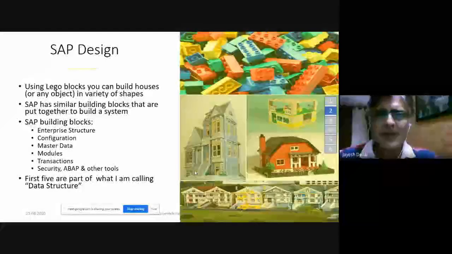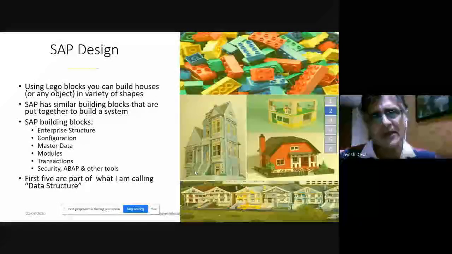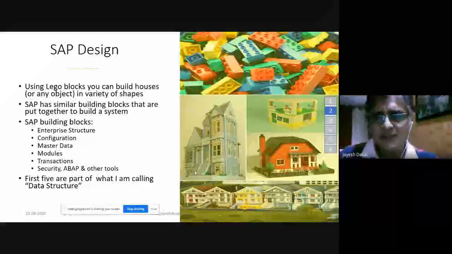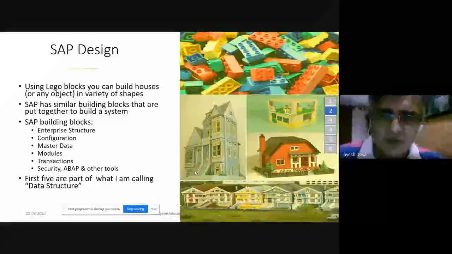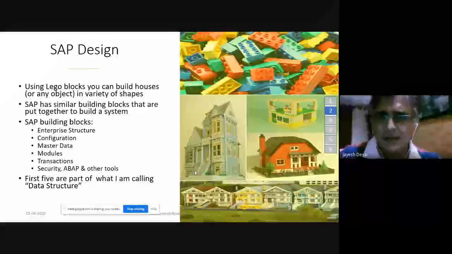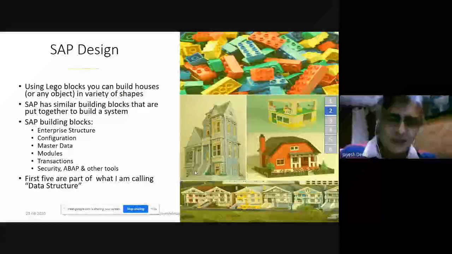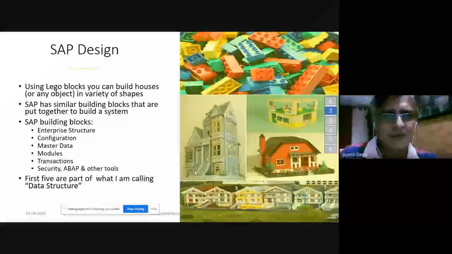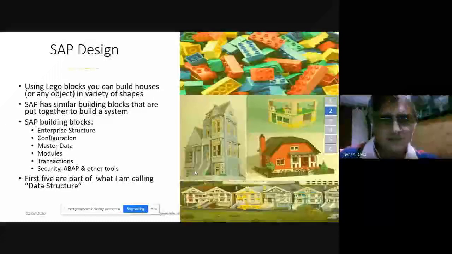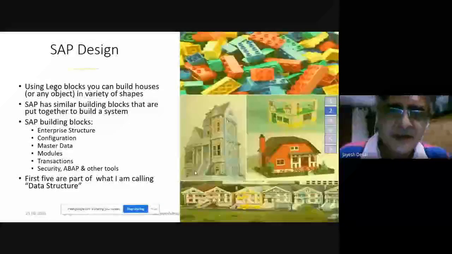So SAP also in a way has a similar kind of design. I won't say that there are pieces scattered all over. No, it is not. But there are blocks that you have to put together and you have to build a system. And those blocks, you can call it enterprise structure, configuration, master data, modules, transactions.